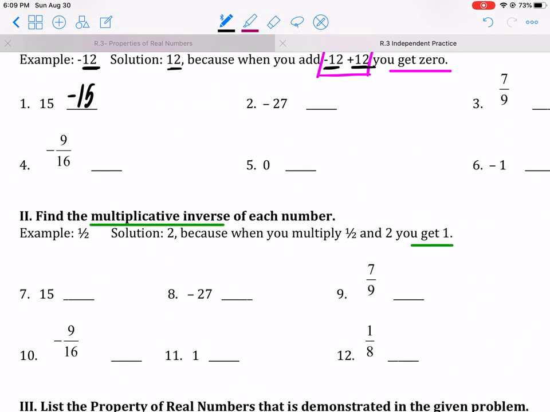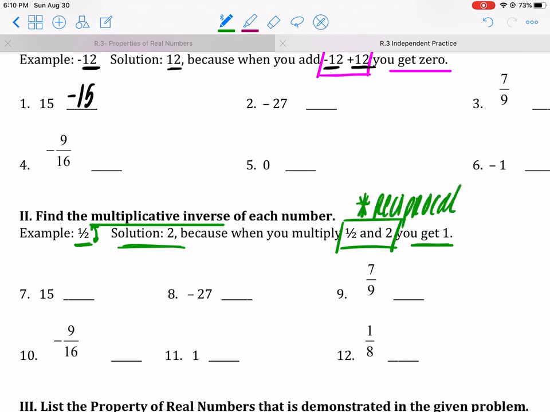Okay, part 2, you're wanting to find now the multiplicative inverse. So you need to find what do you multiply by to get 1. So an example, 1/2. The multiplicative inverse of that would be 2 over 1 because remember you take the reciprocal. So when you multiply 1/2 and 2, you get 1. So think reciprocal.